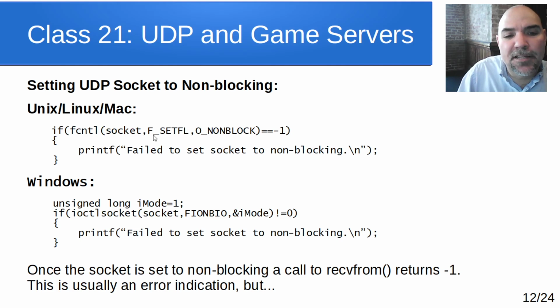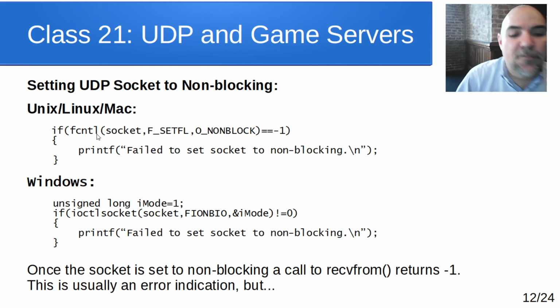You specify the socket, and you use F_SETFL, which stands for file set flag. And there's a flag called O_NONBLOCK. So you call fcntl on the socket and say, hey, set the non-blocking flag for that socket. And if that function completes successfully, then any subsequent operations on that socket won't block anymore.